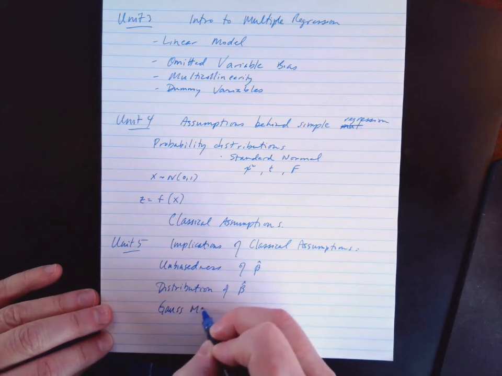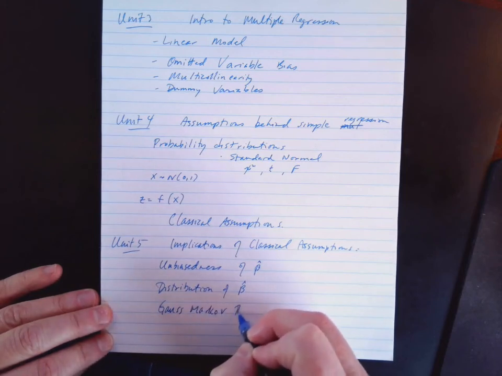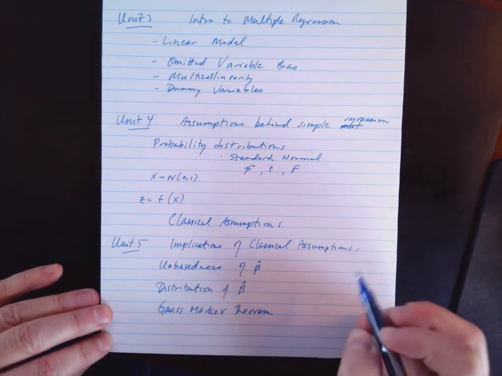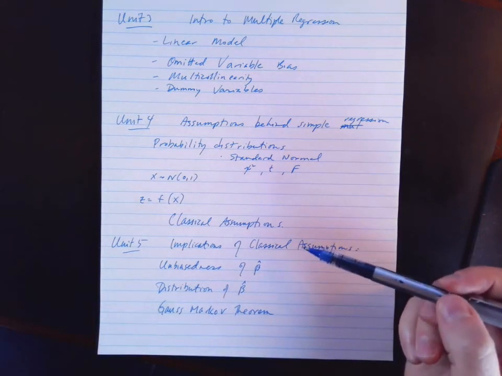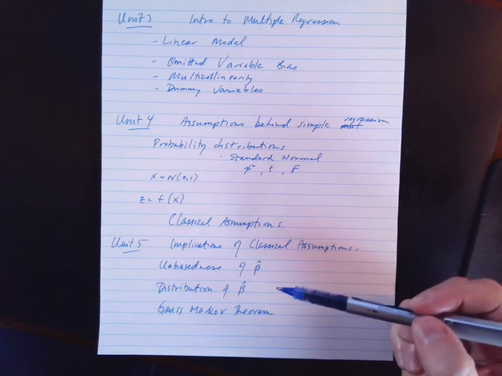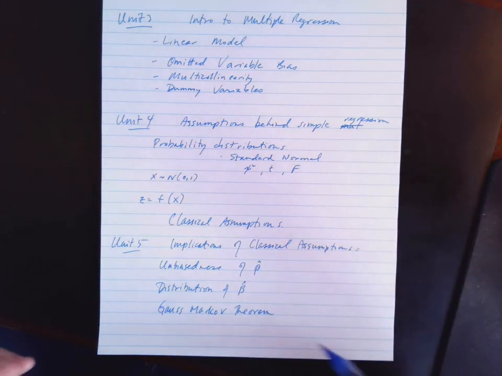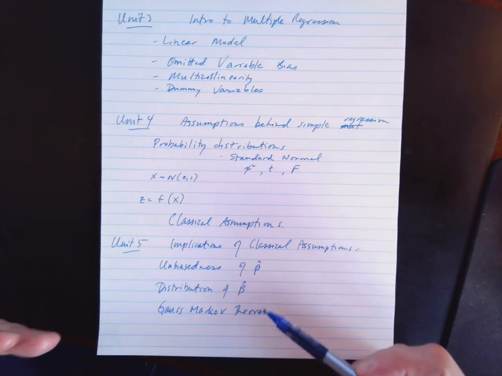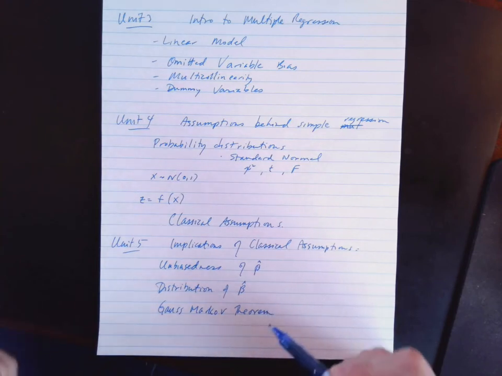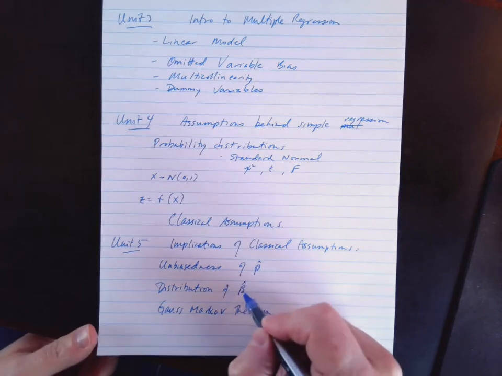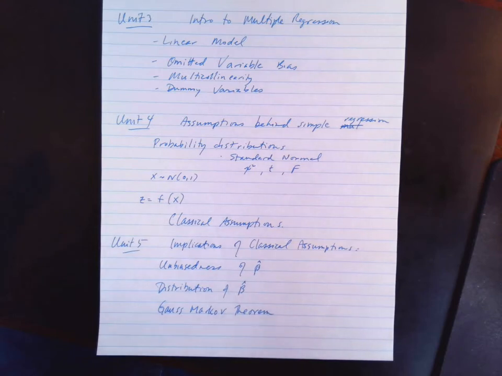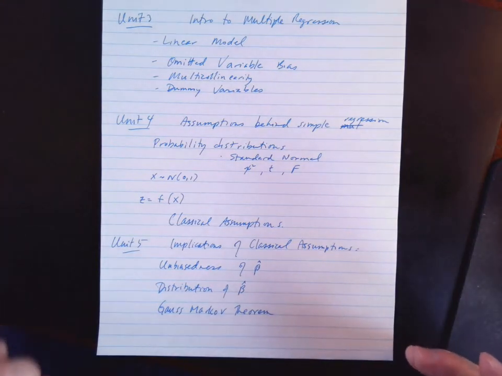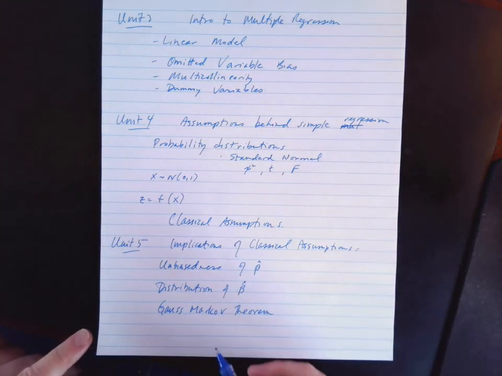The Gauss-Markov theorem, a nice mathematical result that tells us that if the classical assumptions hold true, then out of all the linear unbiased estimators that we could choose, the least squares estimator gives us a distribution with the smallest variance. So it's a nice property. It means that we're making the best use of the information in the data set.